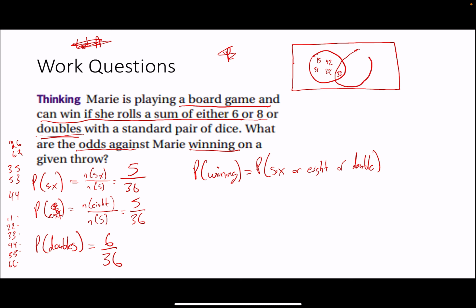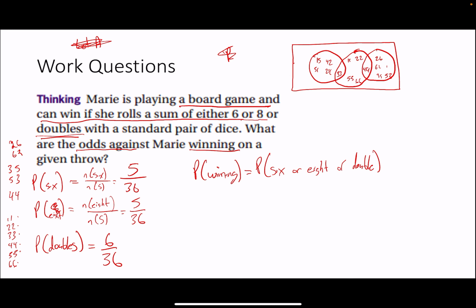See that 3, 3? We have 1, 1, 2, 2, 3, 3, 4, 4, 5, 5, 6, 6. And then, of course, we have the ways it can occur to be 8. That's 2, 6, 6, 2. We have 3, 5, 5, 3. We have 4 and 4. Oh, it's already counted. So as you can see, we have a little bit of an overlap.